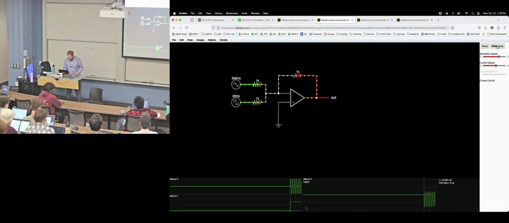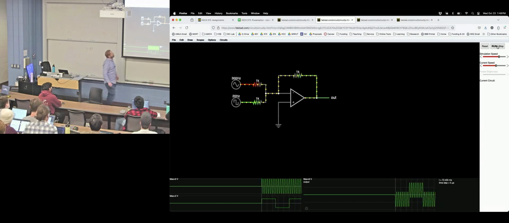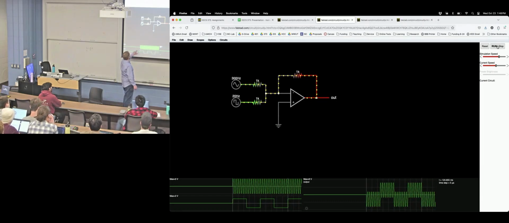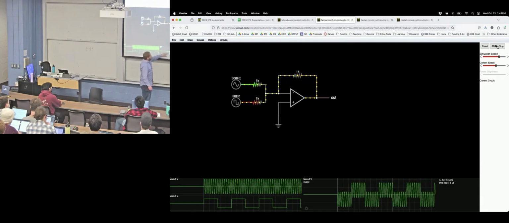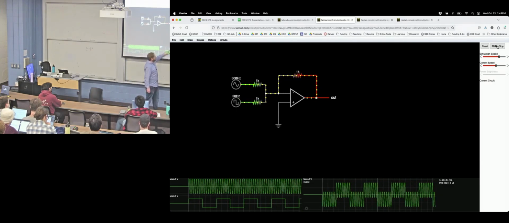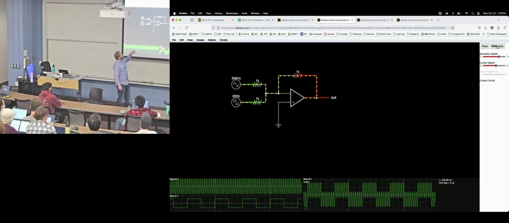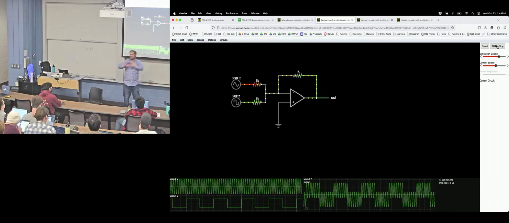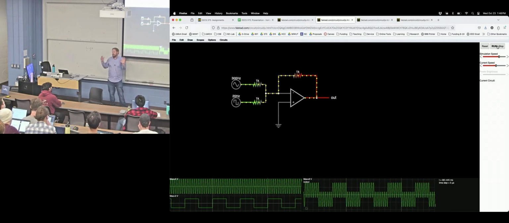Now I realize that this may not be the easiest simulation to see, because this is just the default summing amplifier from Falstad. But basically, we're showing you one's a sine wave, one's a square wave, and you see that this is a summation of those two signals here. You'll notice that summing amplifiers actually have a negative output, so it's these two things times -1. We're going to ignore the fact that all the summing amplifiers you'll see have a negative output.